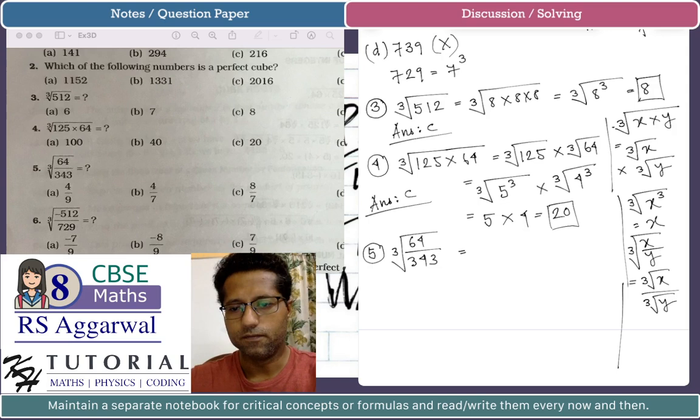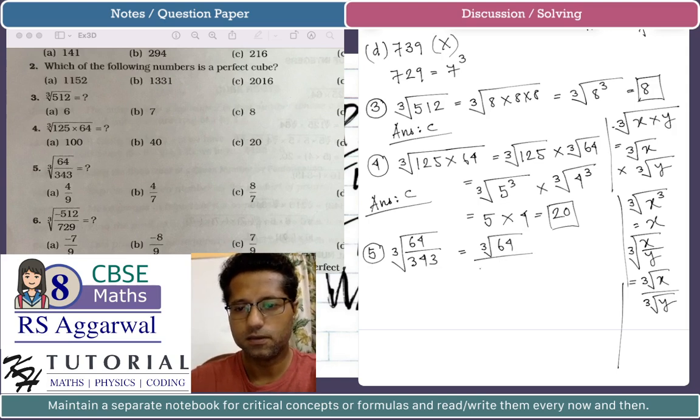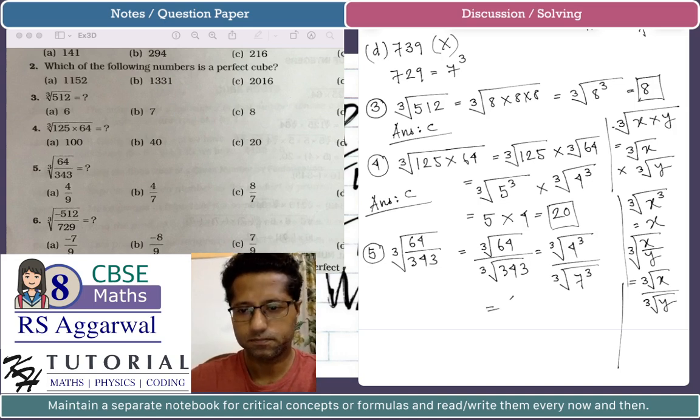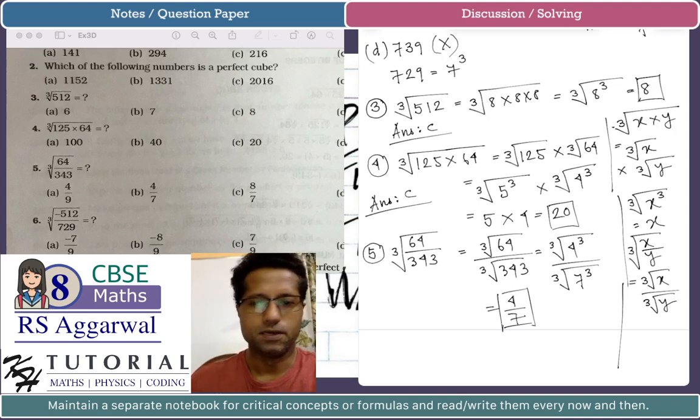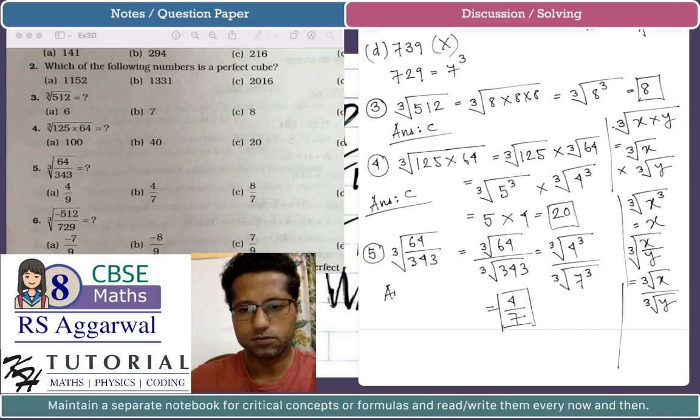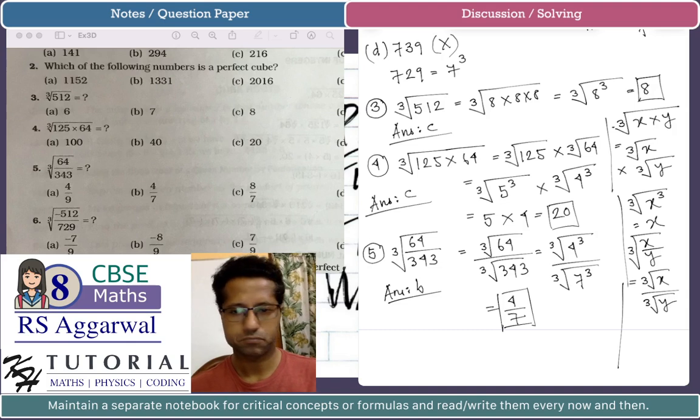So we write it as the cube root of 64 divided by the cube root of 343, which is 4 cubed and 7 cubed. So this becomes 4 by 7. The correct choice is B.